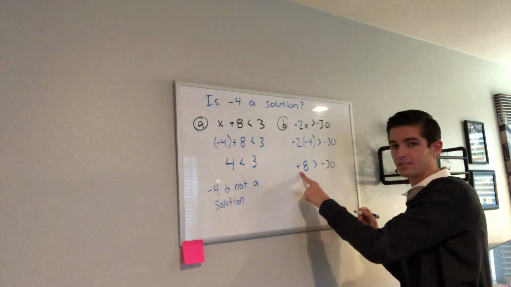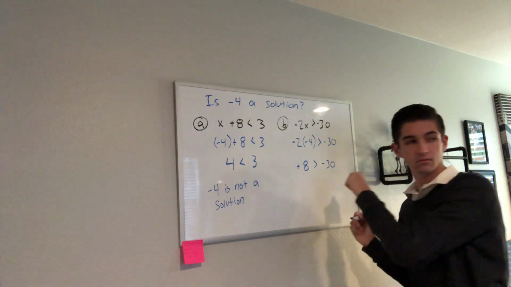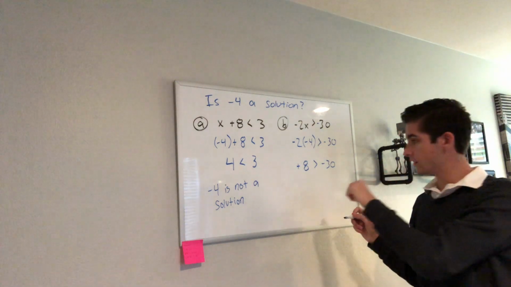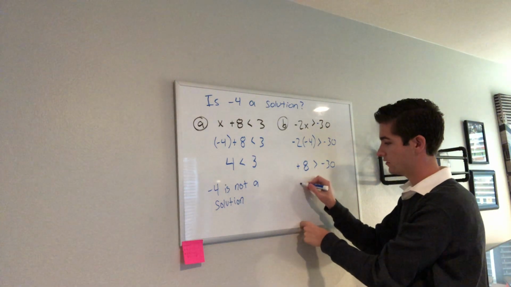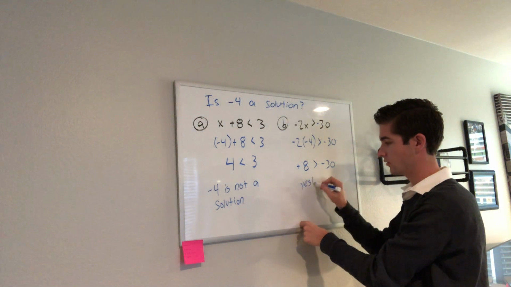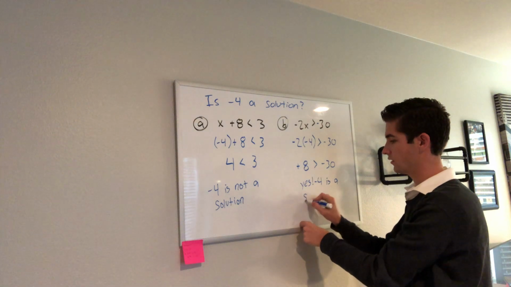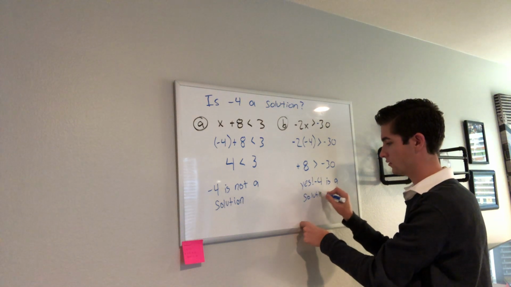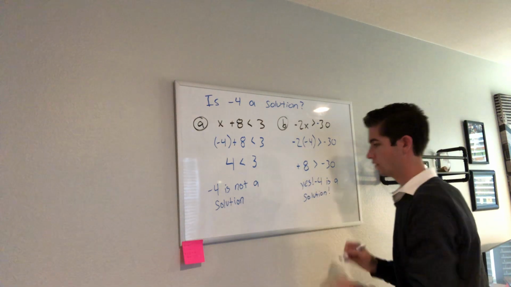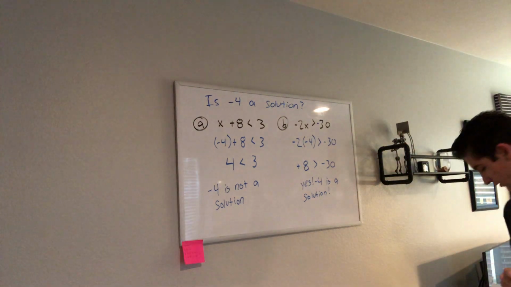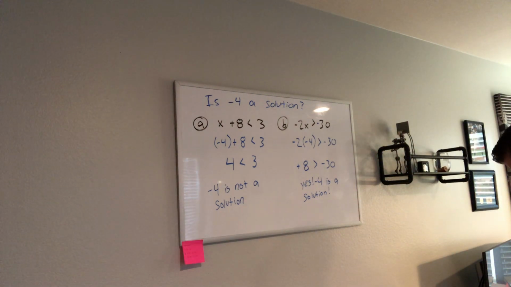So is 8 greater than -30? Yes, 8 is greater than -30. So yes, -4 is a solution. Perfect.